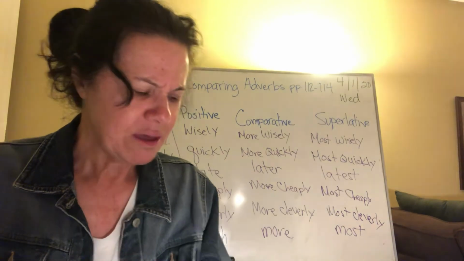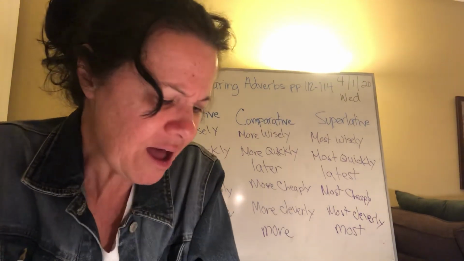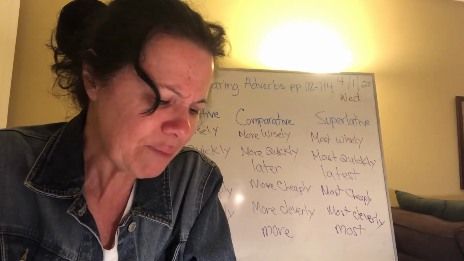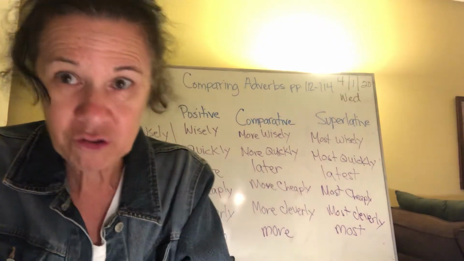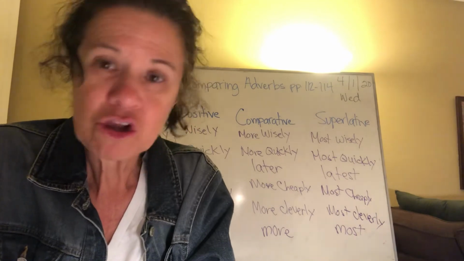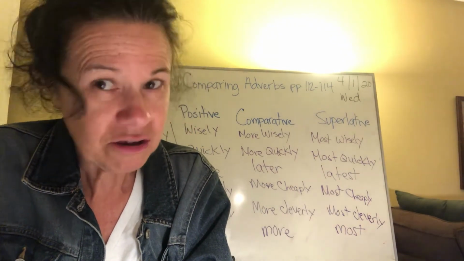All right? And then think B, you're comparing adjectives and adverbs, the positive, comparative, superlative. So the first one says close, just like we did here. And the comparative would be closer, okay? And the superlative would be closest.